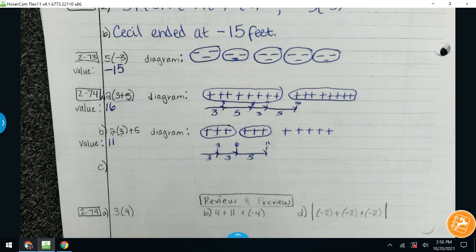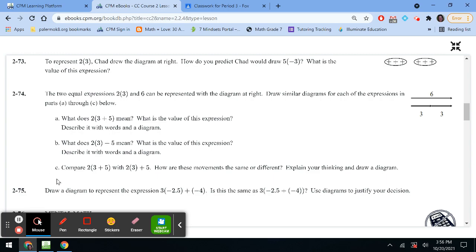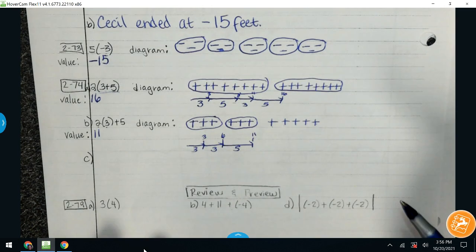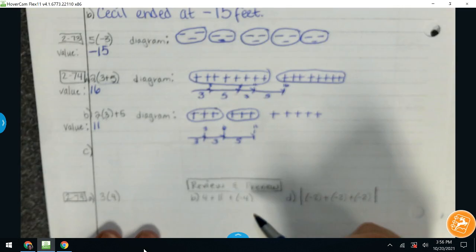So let's look at what Charlie says so that we can answer it the best way we can. It says to compare 2 groups of 3 plus 5 with 2 groups of 3, plus 5. How are these expressions the same or different? Explain your thinking and draw a diagram. So as we're looking at this, how are they the same? How are they different?